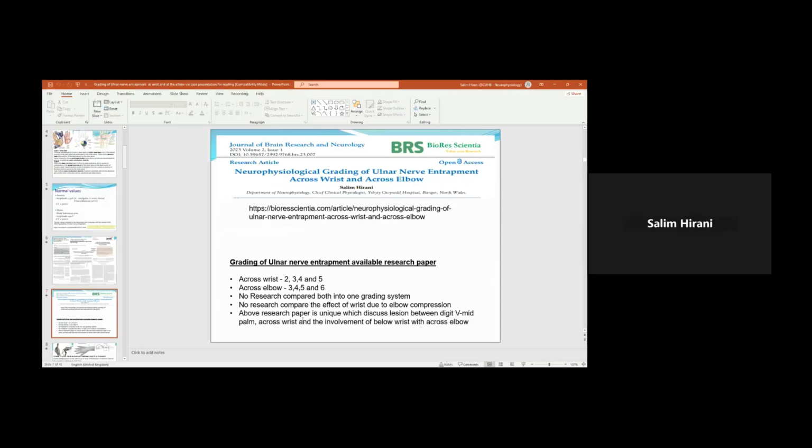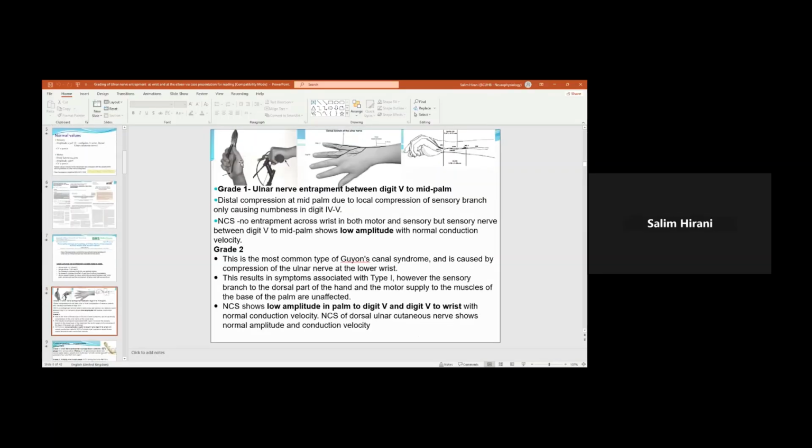Especially none of them looked at the lesion between digit 5, mid palm, and wrist, which is affecting many patients who use a bike, plier, or riding or walking stick, like that old man using a walking stick. These cause compression at this area, which is the Guyon's canal area.